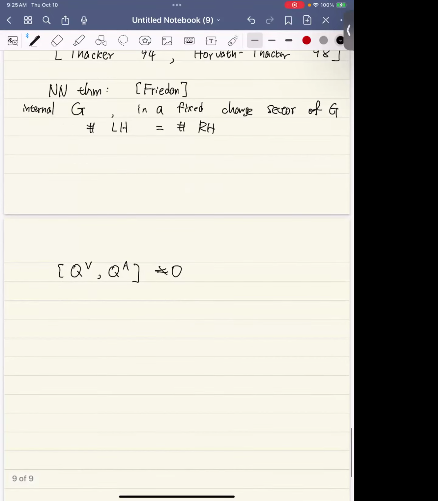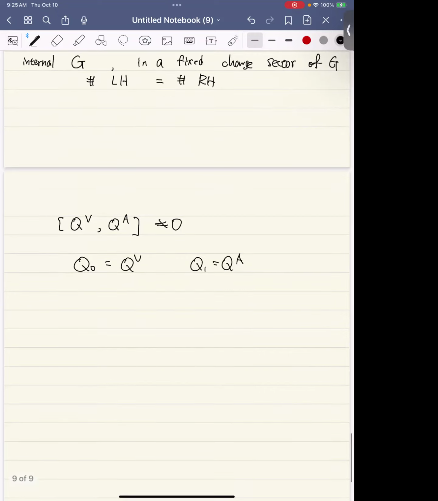Now you will ask, if they don't commute, what kind of algebra do they form? For that purpose, it's convenient to define QB as Q0 and QA as Q1, and then the algebra they form is the following. Let me not give you the definition of all these charges, but this is the algebra generated by QB and QA.